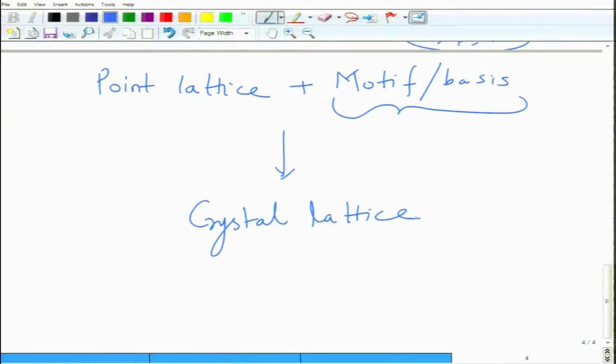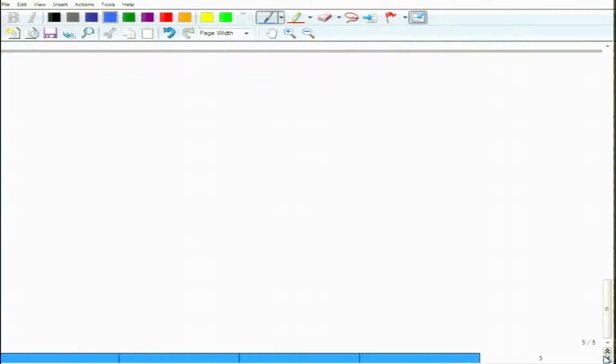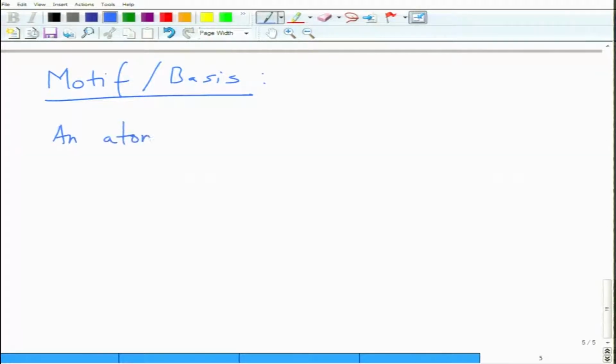So what is this motif? We define it as motif slash basis. This is loosely used in many books and notes, so either you can say motif or basis. It is an atom or a group of atoms and so on and so forth.